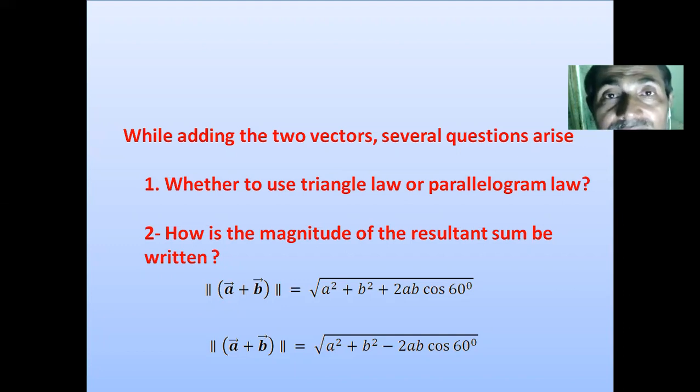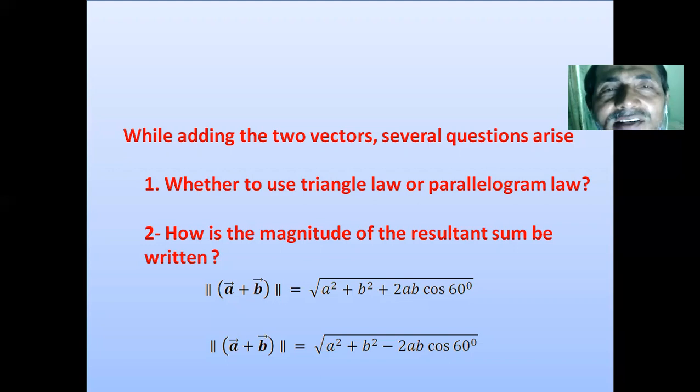The first version of the equation has a positive term at the third place, that is, a square plus b square plus 2ab cos theta, while the second equation has the negative term, a square plus b square minus 2ab cos 60 degrees.